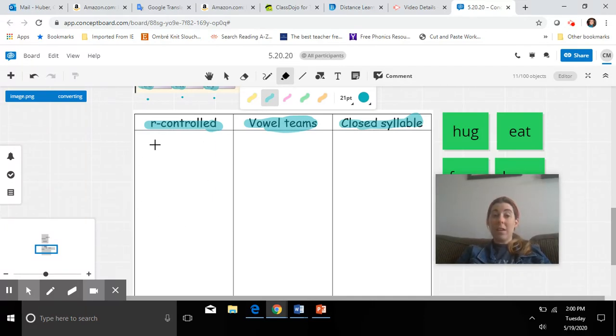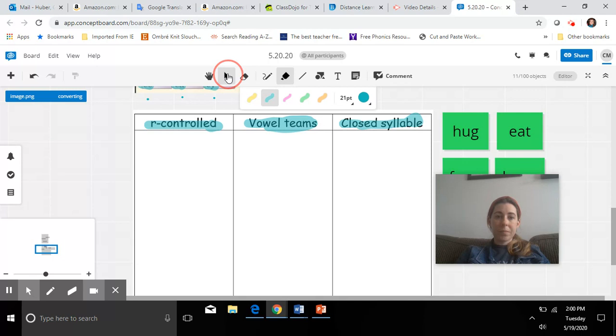Is it a word with an R-controlled vowel? Does it have a vowel team? Or is it a closed syllable word where the vowel makes a short sound? Okay, got it? Let's do some practice together, and then you're going to try some by yourself.